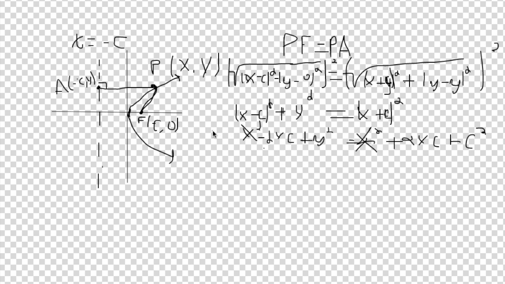I also forgot to write plus c squared over here. Obviously, when you expand this, you'll get c squared, but this is also going to cancel, so this is going to be null as well. You're going to be left with 2xc, 2xc. Add 2xc to both sides. You're going to be left with y squared equals 4xc.